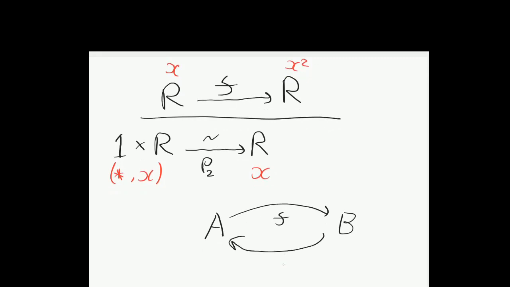So there's a function f to the minus 1 going the other way around, so that if we compose f to the minus 1 before f, the result is the identity function of A. And if we compose f to the minus 1 followed by f, the result is the identity function of B. So this is the normal idea of an isomorphism.